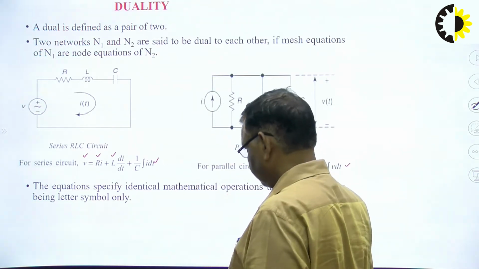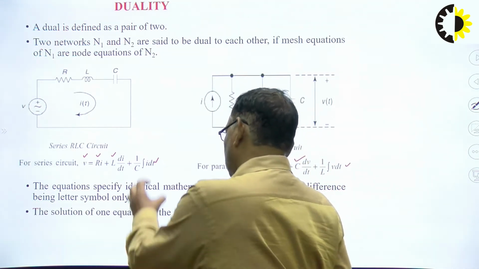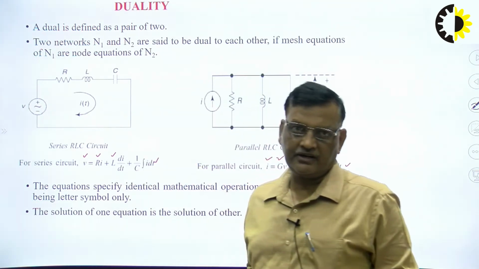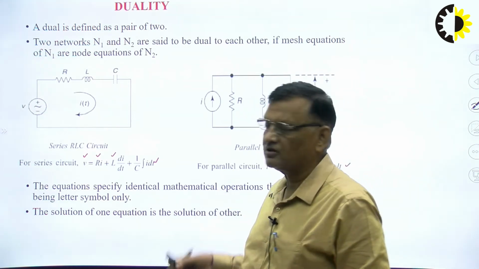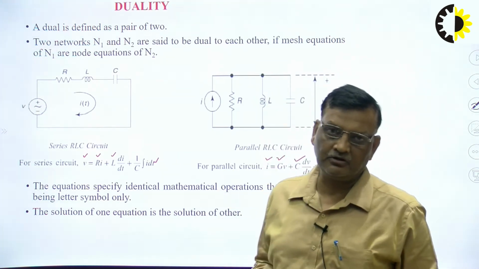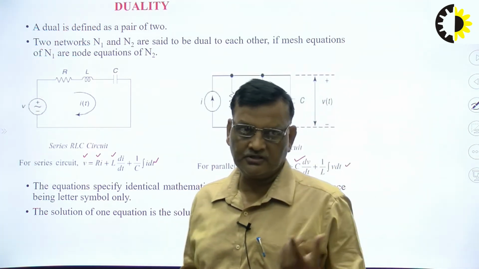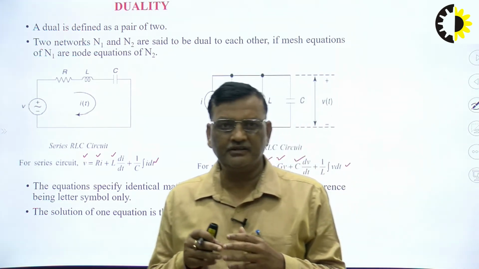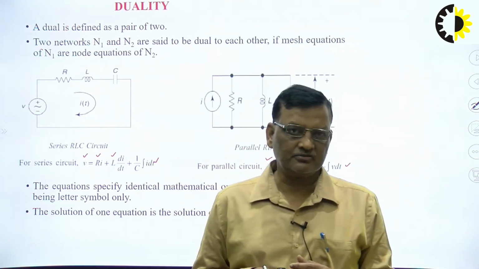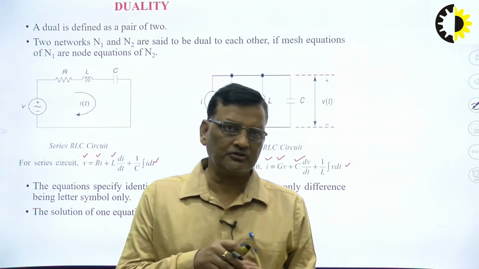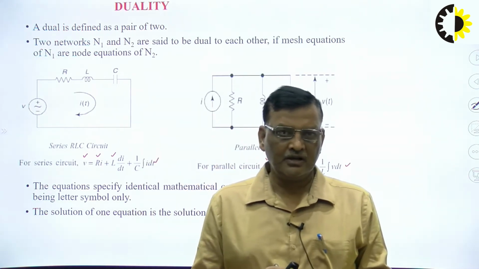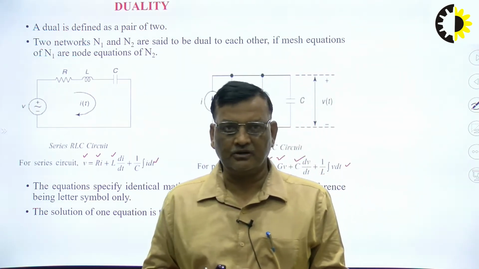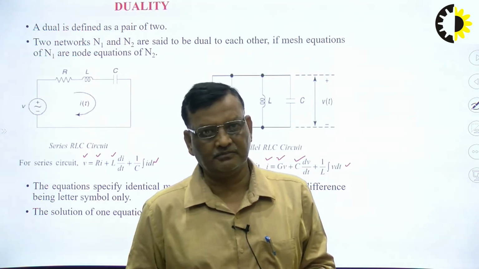So if we get the solution of one network, say N1, we can get the solution of the other one. So this is the beauty or the importance of the dual network. When the network is very complex, it is very difficult to apply the Kirchhoff's voltage law. So what we do is just draw the dual of that network and apply the Kirchhoff's current law, and the solution will be the same.